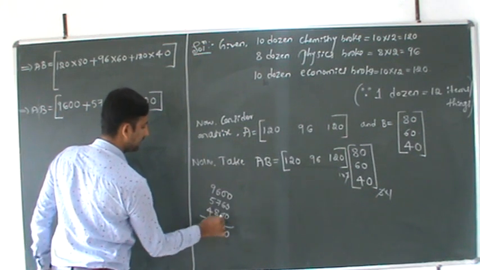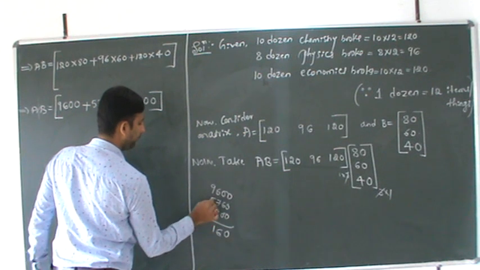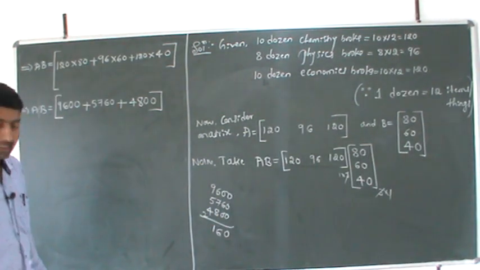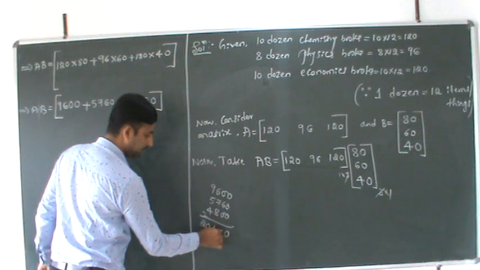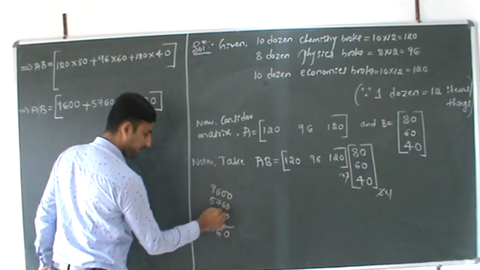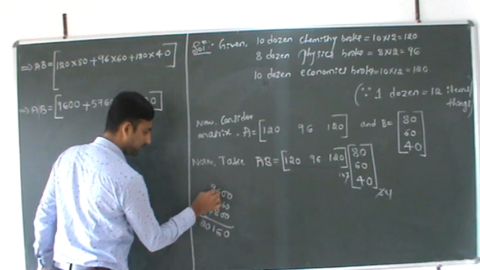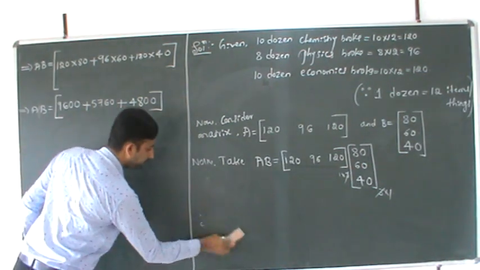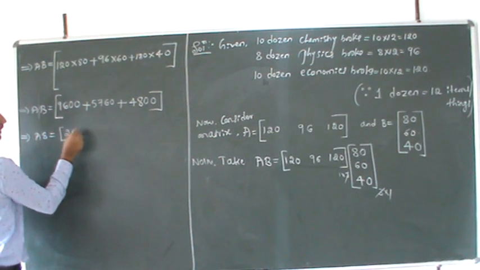Adding up, 0, 6, 8, 7, 15, 15 plus 6, 21, carry 2, 4 plus 2, 6, 6 plus 5, 11, 11 plus 9 becomes 20, which implies AB is nothing but 20,160.